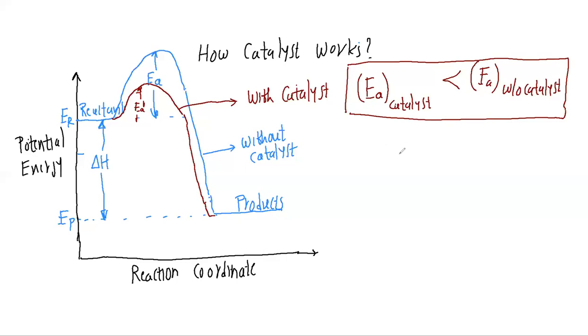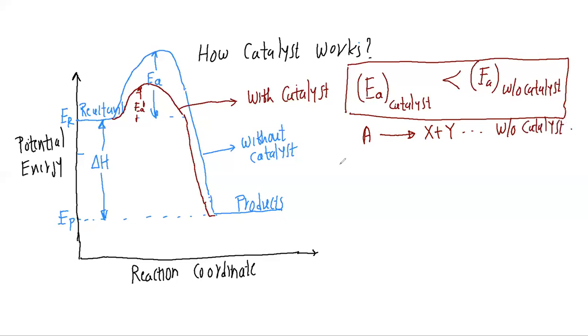let's say there is a reaction which is like this. Let me say the reactant A is going to give you the products X plus Y. This is the reaction, obviously without catalyst.